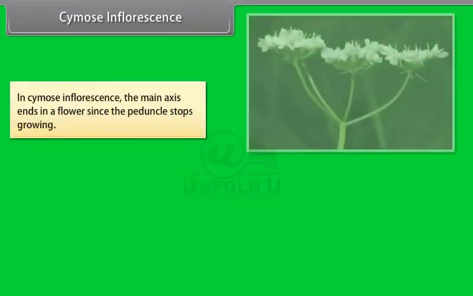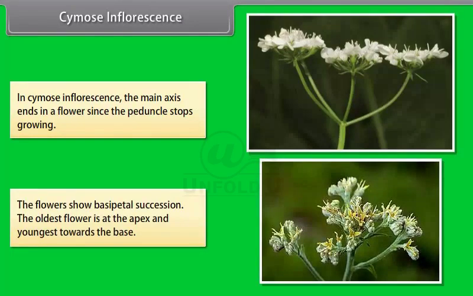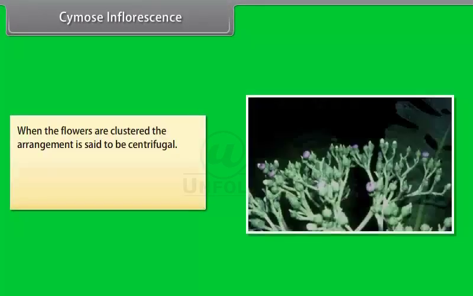Cymose inflorescence. In cymose inflorescence, the main axis ends in a flower since the peduncle stops growing. The flowers show basipetal succession. The oldest flower is at the apex and the youngest towards the base. When the flowers are clustered, the arrangement is said to be centrifugal.